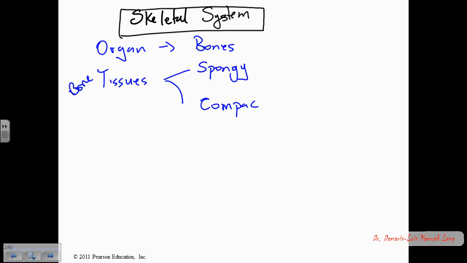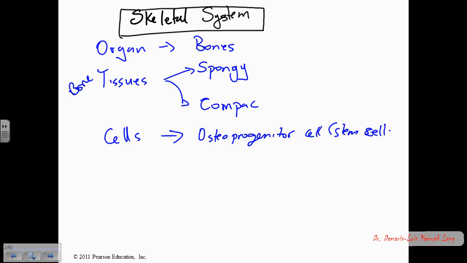And then the cells, we have the osteoprogenitor cells, which are more like the stem cells, which form the osteoblast cells, which are the active form of the bone cells.